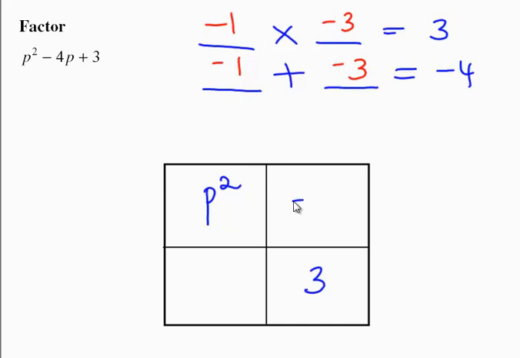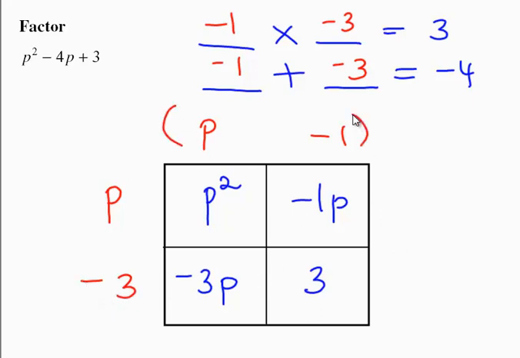The two terms I have are negative 1p and negative 3p. I know that my upper left box is p squared, so I have to have p and p. This has to be negative 1 and this has to be negative 3. Double check, everything works out. So in factored form, the area of this rectangle is going to be p minus 1 times p minus 3.